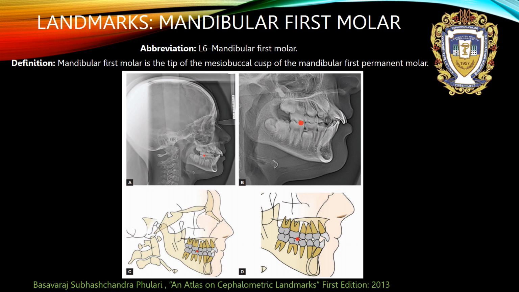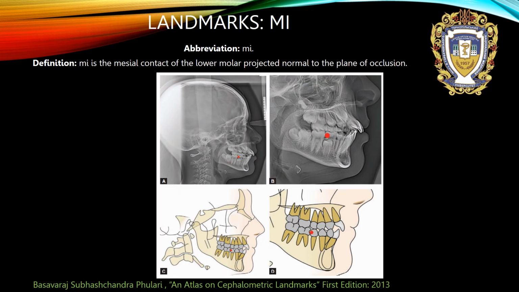Mandibular first molar point, or L6, lower 6, is the tip of the mesiobuccal cusp of the mandibular first permanent molar. L means inferior.